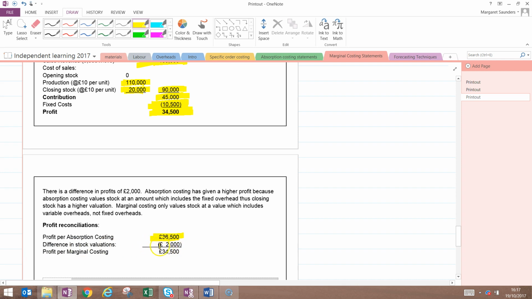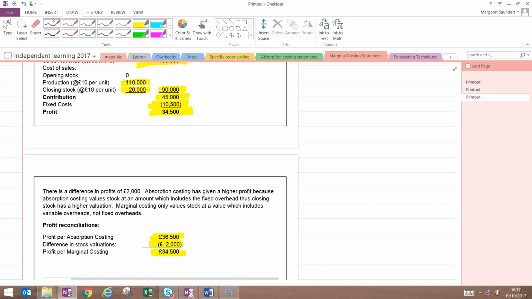Deduct the difference in the stock valuations. There's a £2,000 difference, and you have the profit per marginal costing. So the absorption costing statements will always give the higher profit. By deducting the difference in the stock valuations from the absorption costing profit, you will have the marginal costing profit.